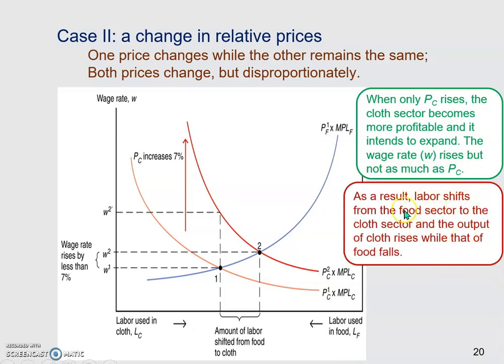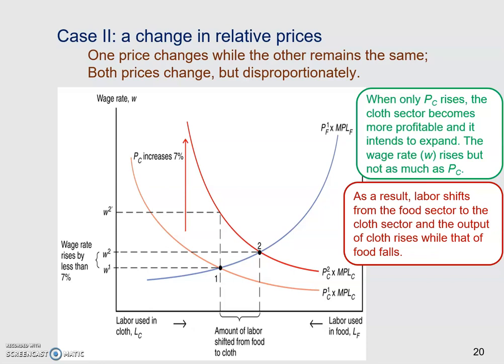Because labor shifts from the food sector to the cloth sector, the output of cloth rises while that of food falls. In other words, the relative quantities of output also change as a result between the two sectors.